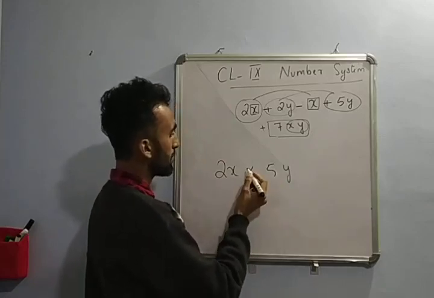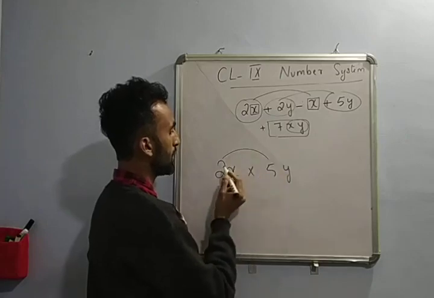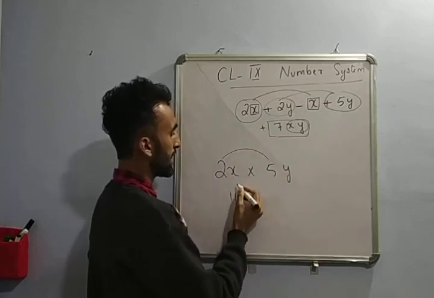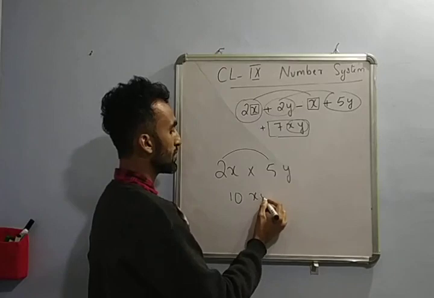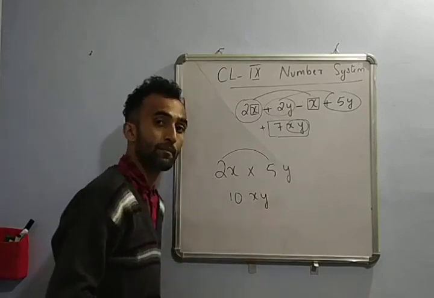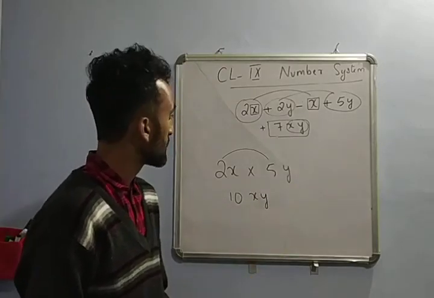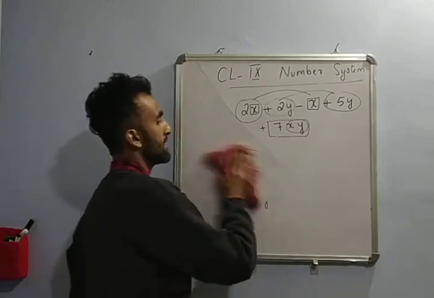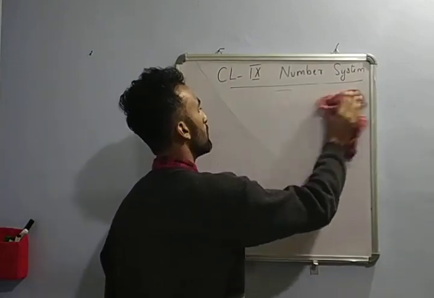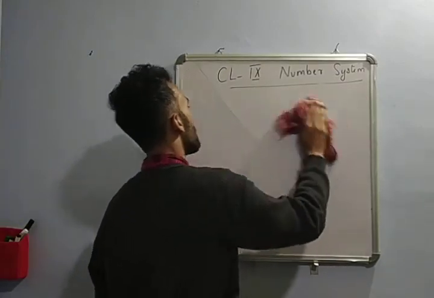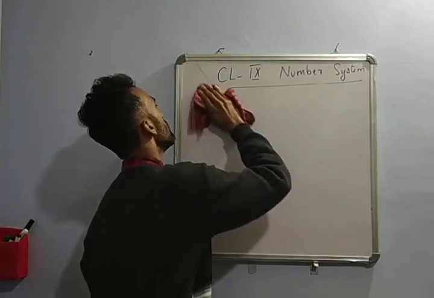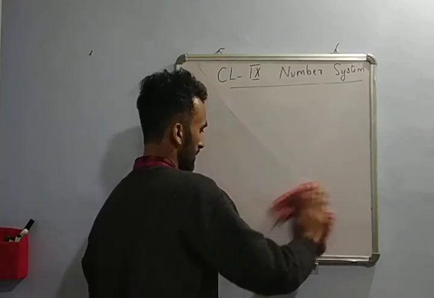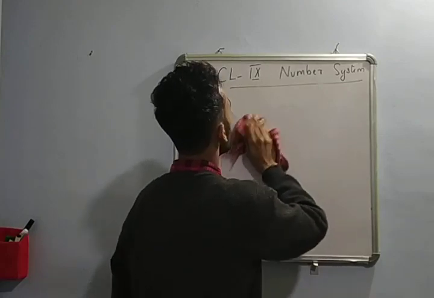While multiplication we can multiply the numbers: 2 fives are 10 and x into y is xy only. We write this way while multiplication. Now when we start with the exercise, you'll understand better. Now see why I have given you the xy example. You may be confused, but while we solve the questions, you'll understand.